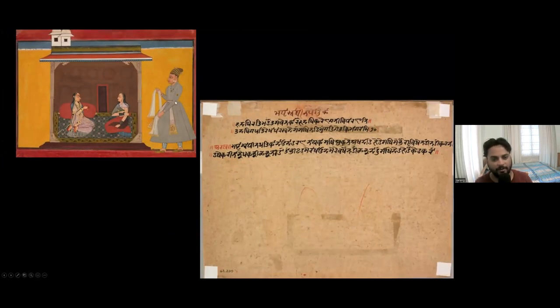Why do you behave with him so much, even though he treats you so well? And she says that he gets what he deserves. So perhaps he made some mistake, and now he owes it to her for the rest of his life. So here is the original Sanskrit poetic verse from Rasamanjari, verse number 70. And here, it reads Arth, which means meaning, and then the translation of the Sanskrit verse into the vernacular.